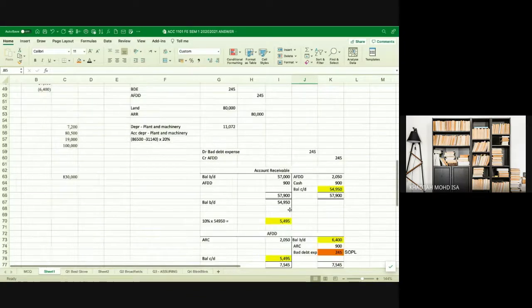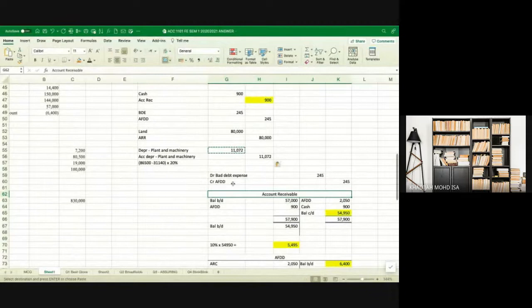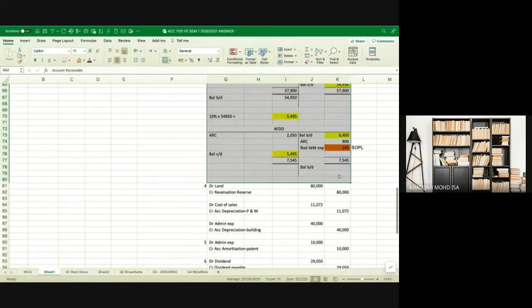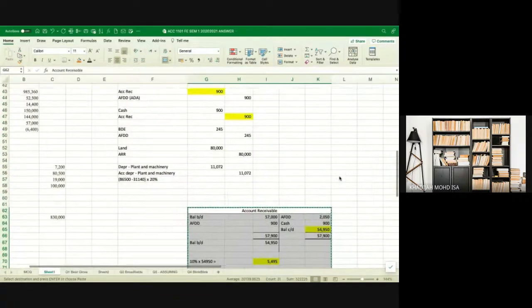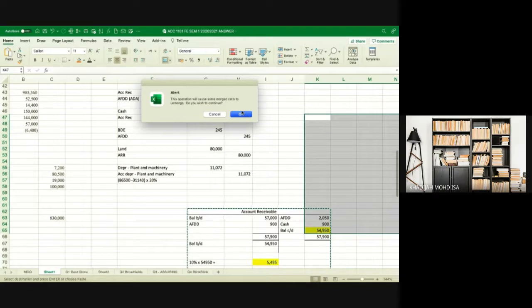So I debit my depreciation for plant and machinery, and I will also credit my accumulated depreciation. Right, this one done. I do not want to delete this. I will just put it here next to it for my easy reference.